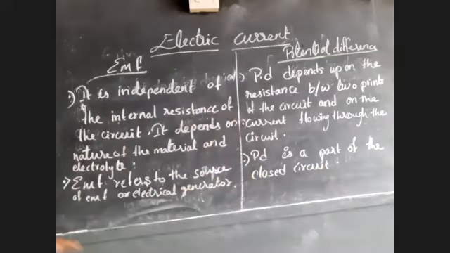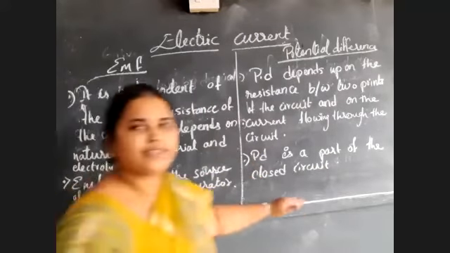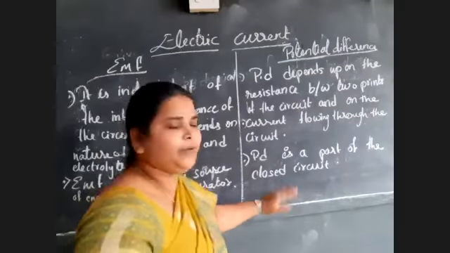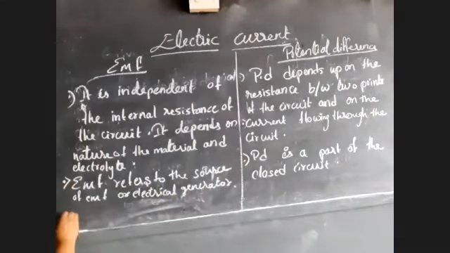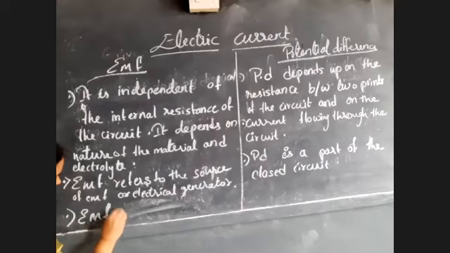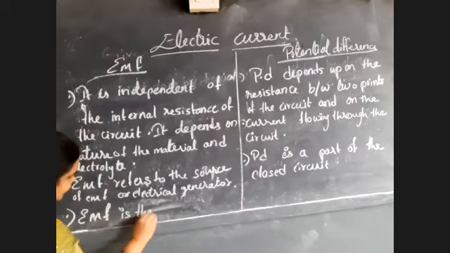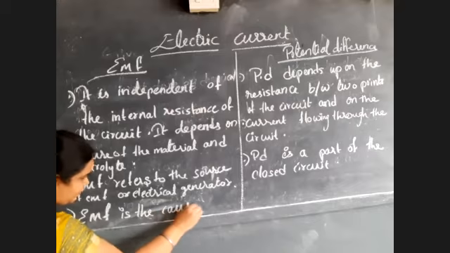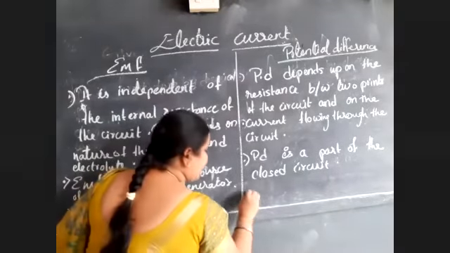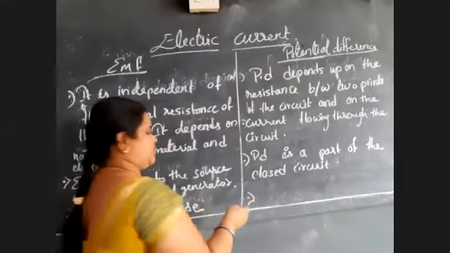Now, EMF is the cause and potential difference is the effect. It is the cause. Because of this only, there will be a flow of electricity. Now, this is the effect of this cause.